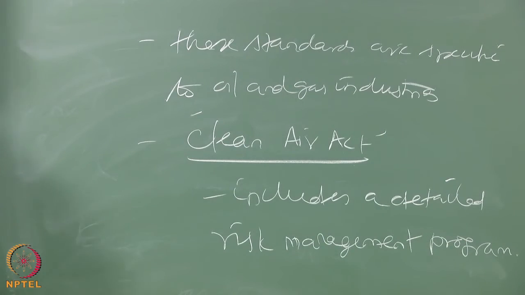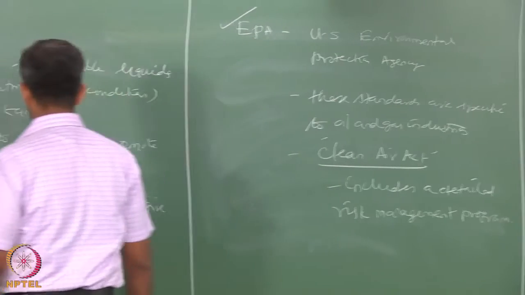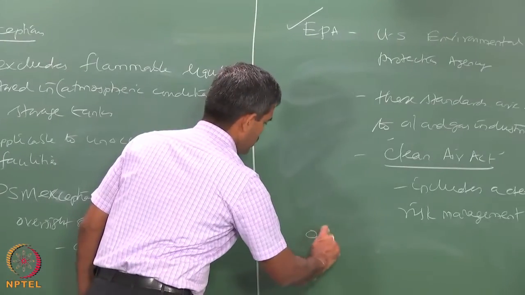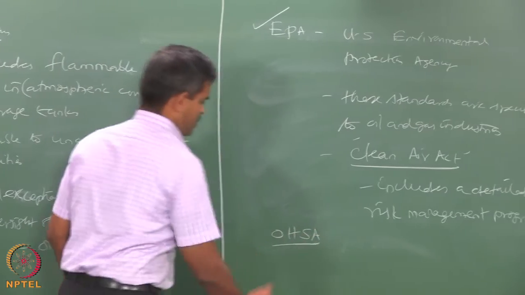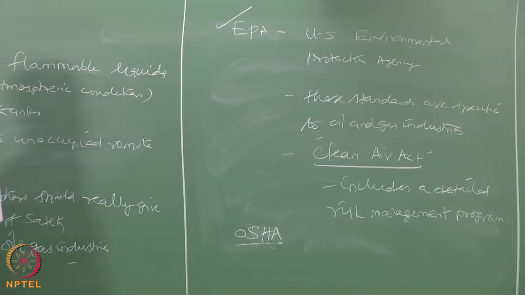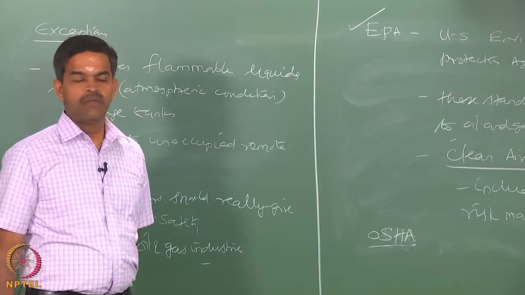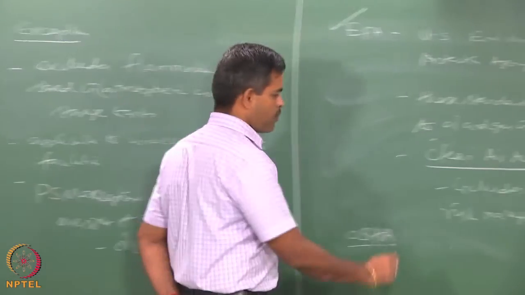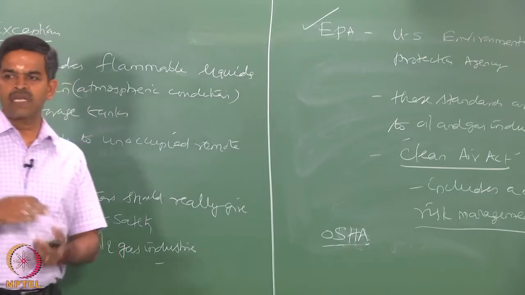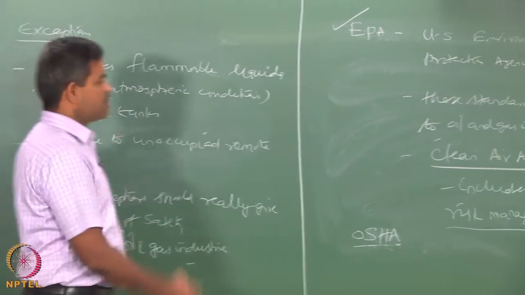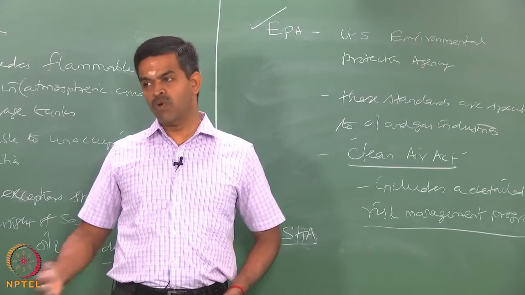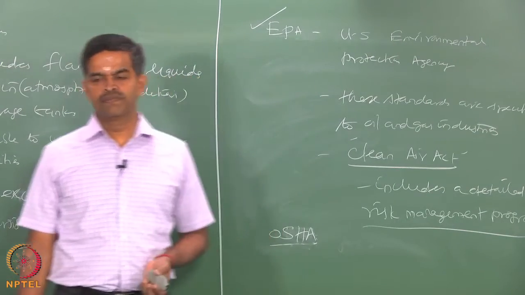Therefore, when you have parallel agencies like EPA and OSHA, whose standards are much stricter and very particular, emphasizing a better risk management program on the oil and gas sector, there are certain classical exemptions given in the process safety management program, which is otherwise very generic for any process industry, of course including the oil and gas sector.